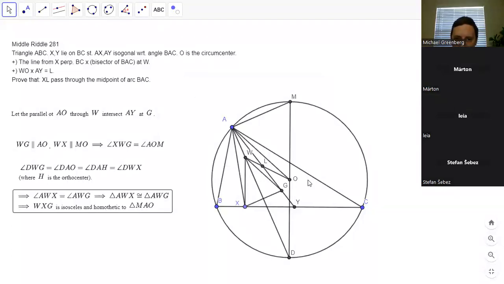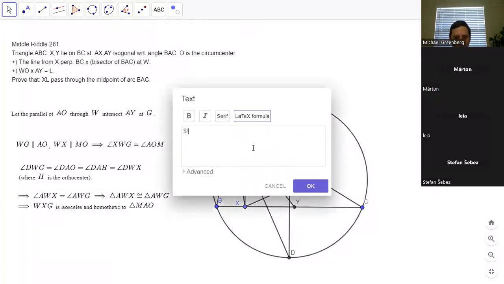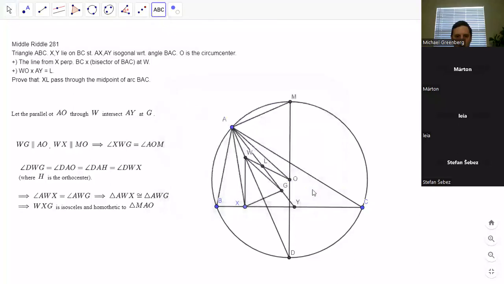So that means that WO, AG, and XM concur at the center of homothety L, which means that XL passes through the midpoint of arc BAC.